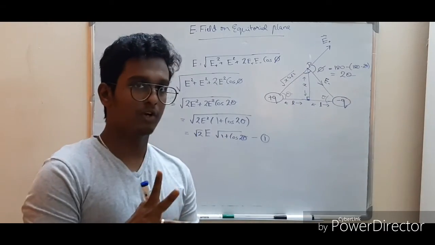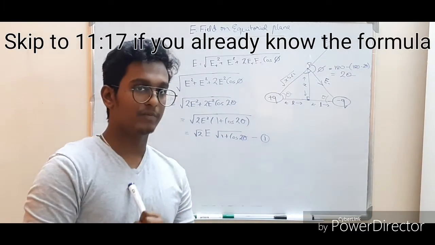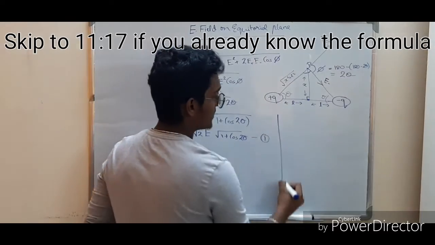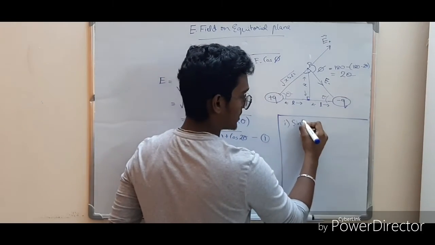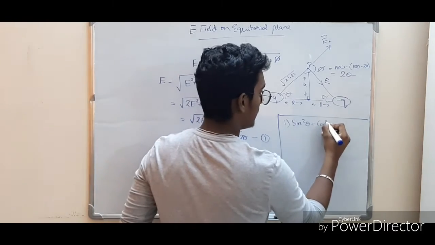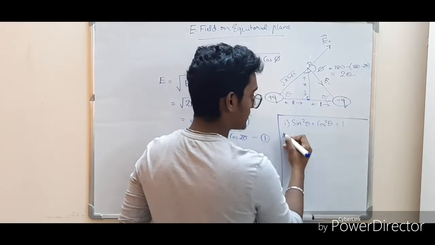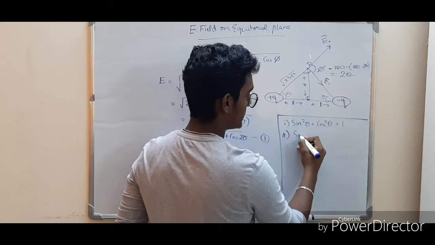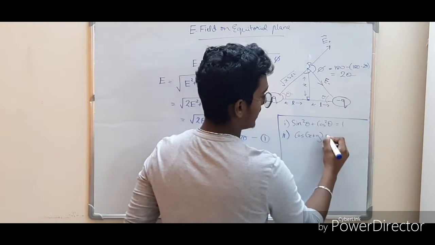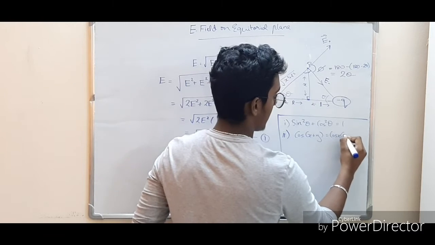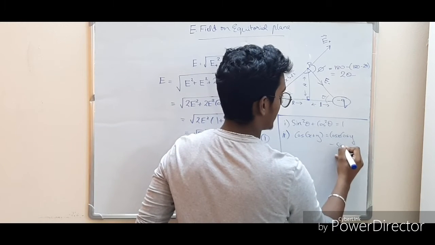You just need to know two formulas to derive this, and that is one from grade 10, which is sin square theta plus cos square theta equals 1. And the other one is from your grade 11 mathematics, that is cos of x plus y equals cos x cos y minus sin x sin y.